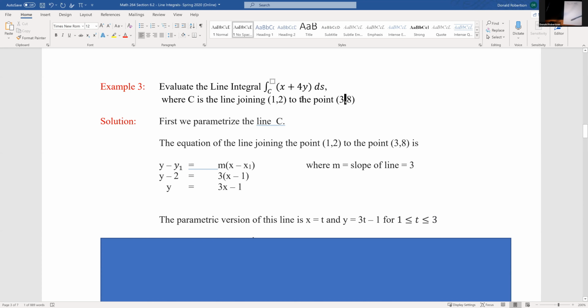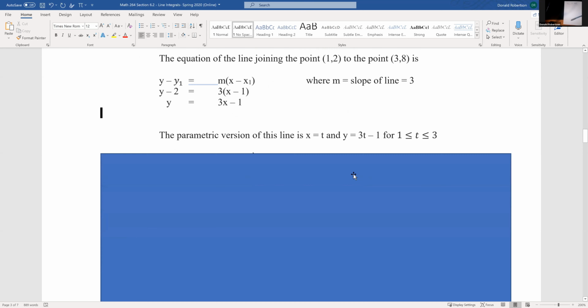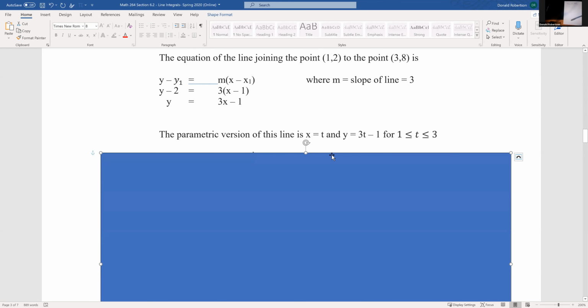Mm. Nailed it. You catch what you just said? In fact, you said it better than I was going to say it. X goes from 1 to 3. X is t, so t goes from 1 to 3. So that's pretty straightforward, right? Whatever the x value you start, whatever the x value you finish.